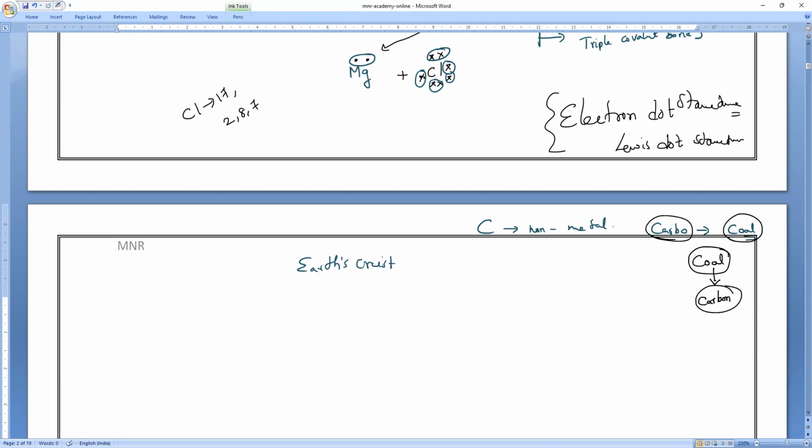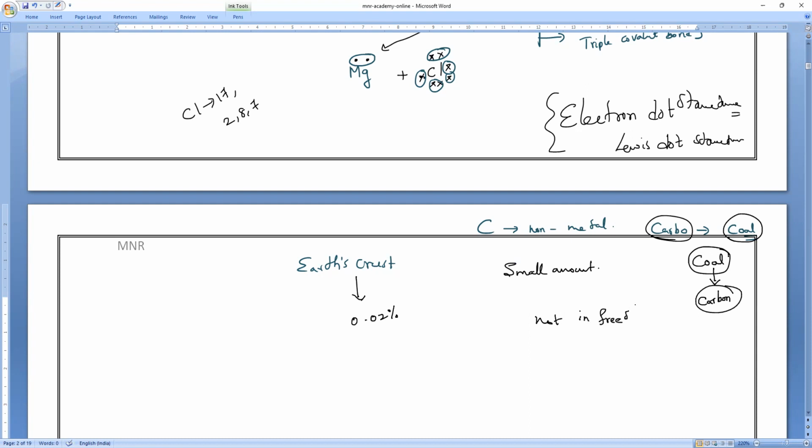If you take the earth crust and as well as the atmosphere, carbon is present in very, very small amount. If you take the carbon present in earth crust, it contains only 0.02 percentage, and that is also not in the free state.